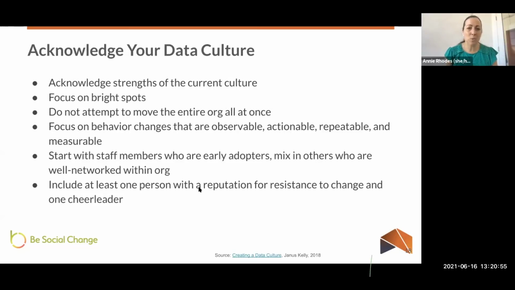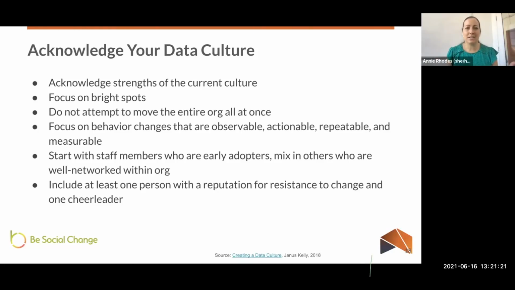Another important part of this is your data culture. So understanding the strengths of the current culture, is data front and center at your leadership team meetings, at your staff meetings? If it's not, what will that shift take culture-wise? What needs to drop from that meeting so you focus more on the data? What are the bright spots?